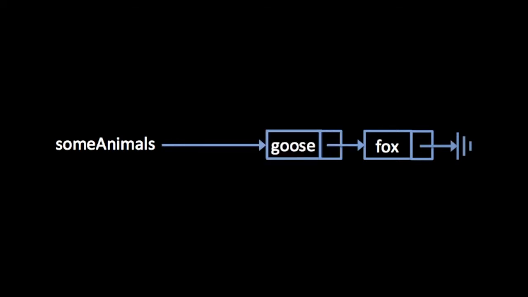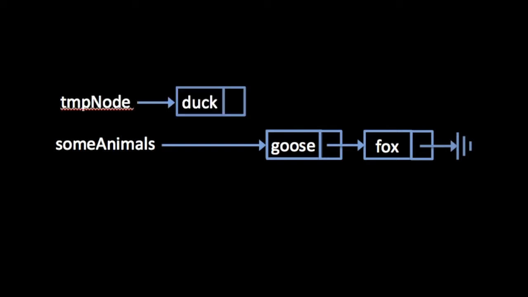Let's say I want to add a node for duck just before the node for goose. I'll create a new node with data duck, and I'll refer to that with a variable named tempNode. Because the duck node will come before the goose node, I'll set the next field of the duck node to point to the goose node.